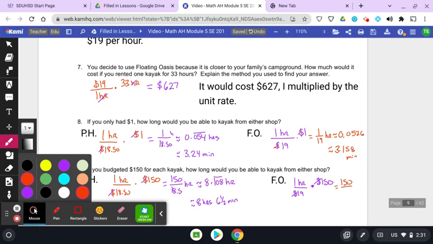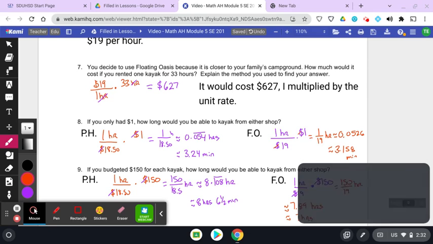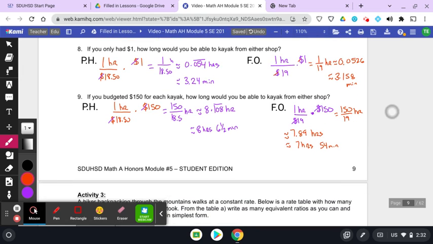I really have 150 over 19 hours. 150 divided by 19 is about 7.89 hours, which is about 7 hours and pretty close to 60 minutes. Let's see, minus 7, times by 60. About 54 minutes, about a little less. Okay, so a little less time because it's more per hour.